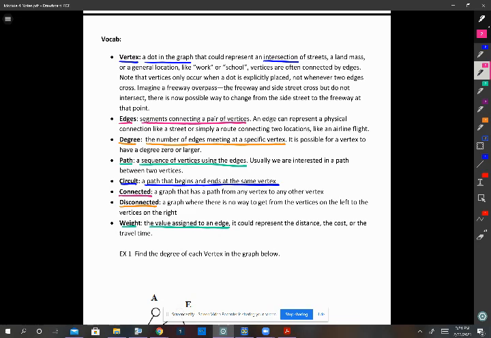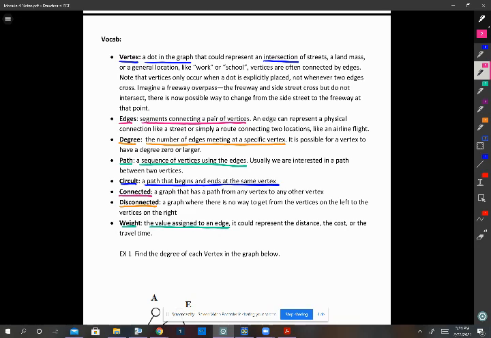Another vocab word is edges. The edges are just the segments that connect the vertices. As you look at a mapping, an edge is just the line that connects two dots.